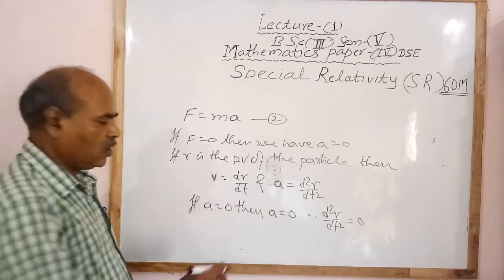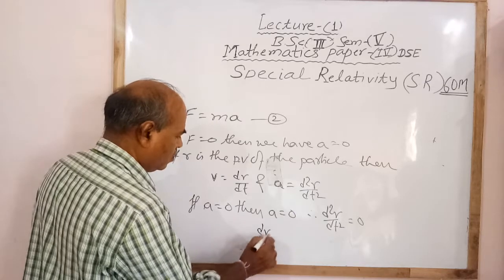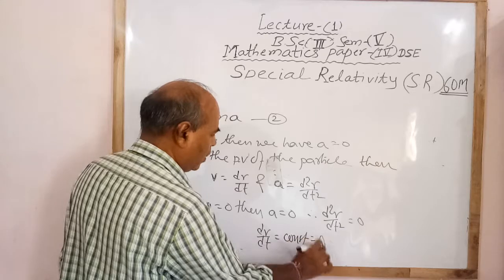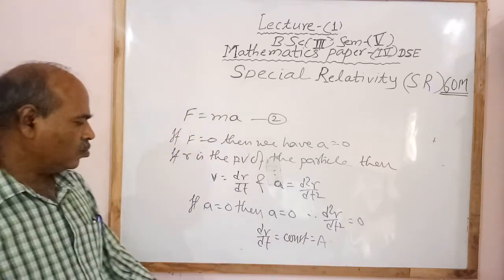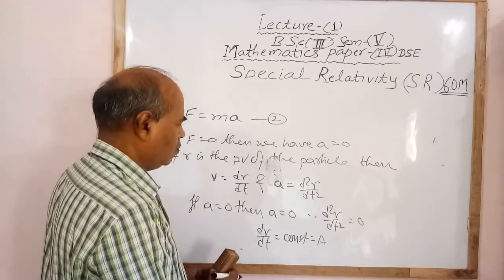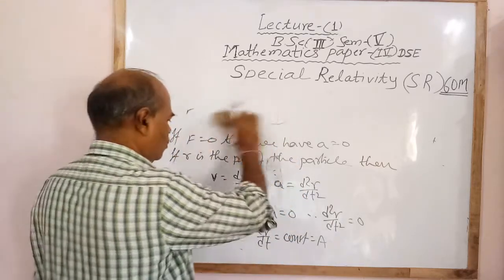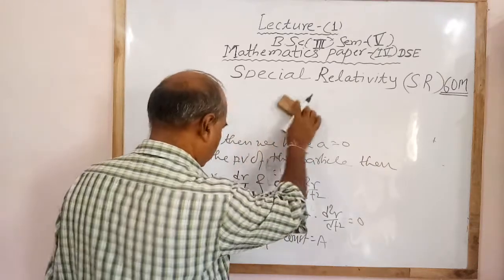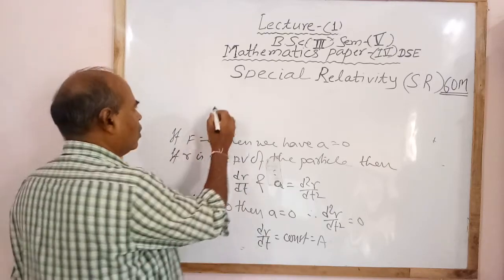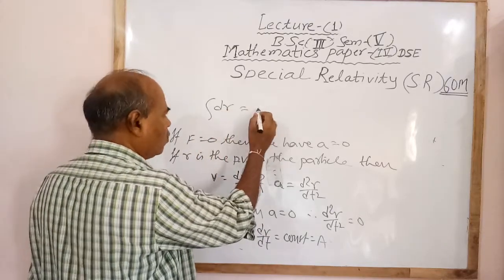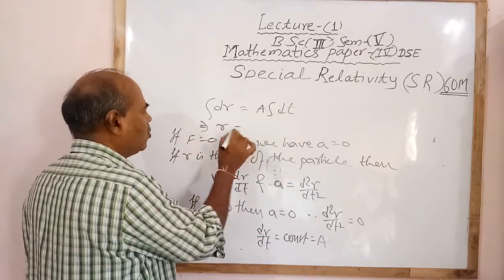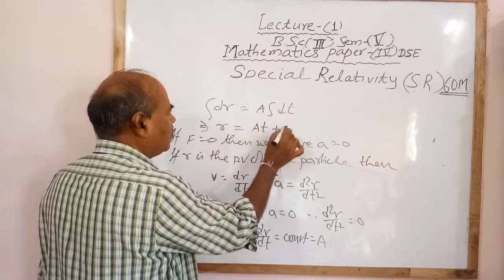Integrating this equation with respect to t, we have dr by dt equal to a constant, say a. Again integrating this equation, we have integration of dr equal to a into integration of dt. Therefore r equal to a t plus b.